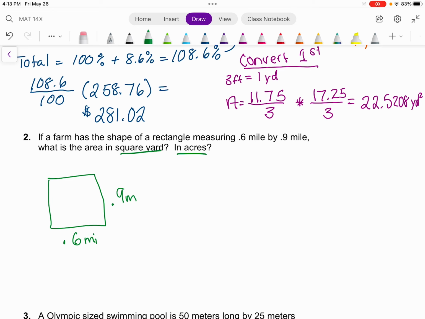And in a problem like this where I'm not going further, I'm going to just convert second. And so I'm going to find the area first. So area would be 0.9 times 0.6, which would be 0.54 square miles.